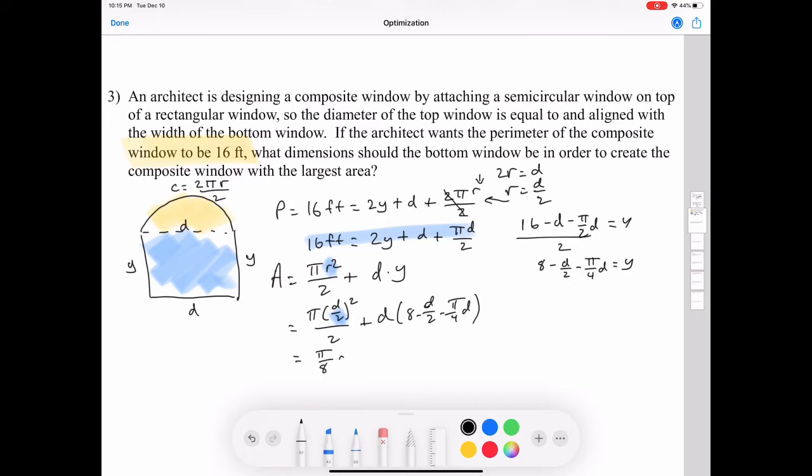We're left with the d squared there. Let's distribute this. It's going to be 8d minus 1 over 2 d squared. So d times d and d times all the way across. And we're going to be minus pi over 4 d squared.